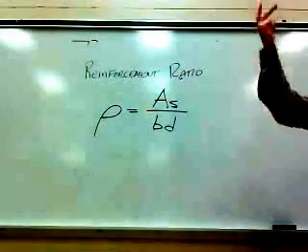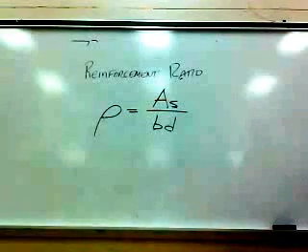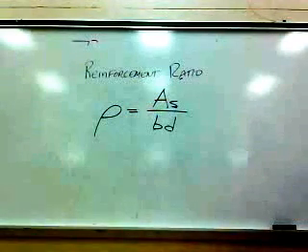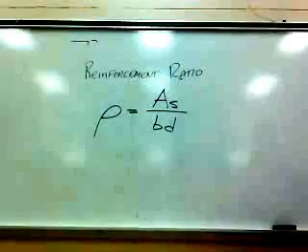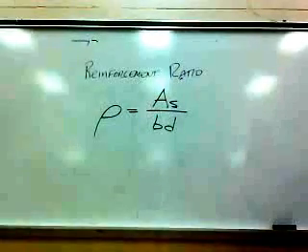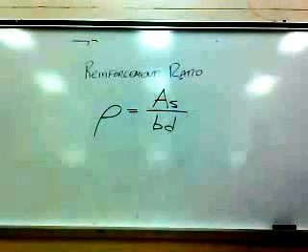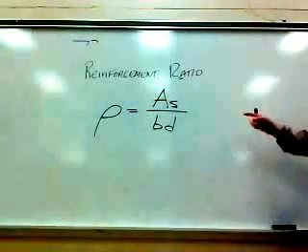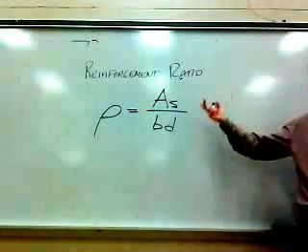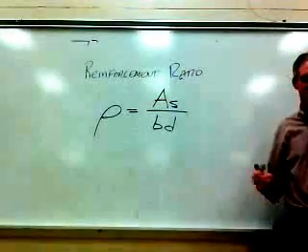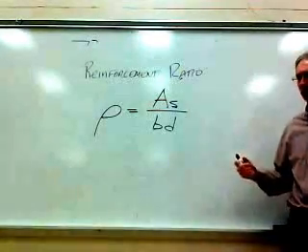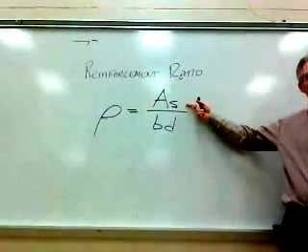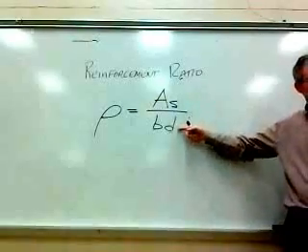Because the beam might be really, really big. At the same time, I can't say the smallest amount of steel you can use is 3 square inches, because I might have a really small beam. So the concept of reinforcement ratios is a concept that people get very familiar with. It's simply the area of steel divided by b times d.